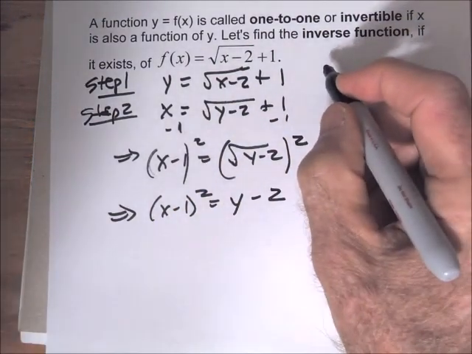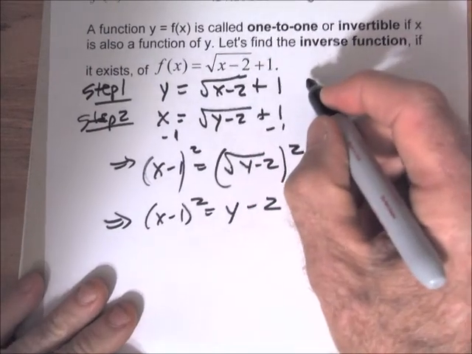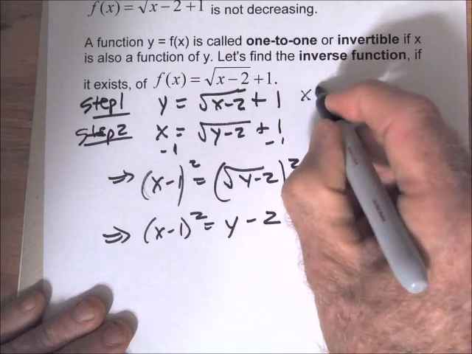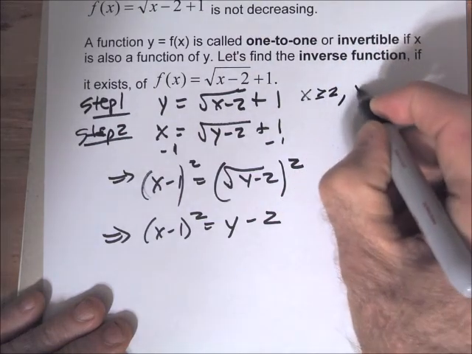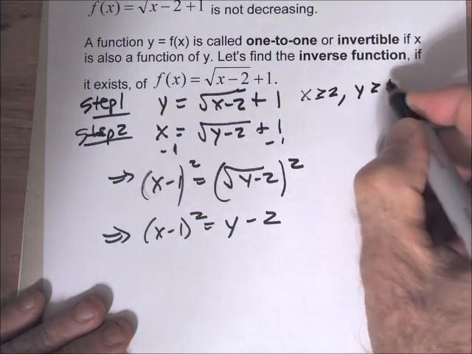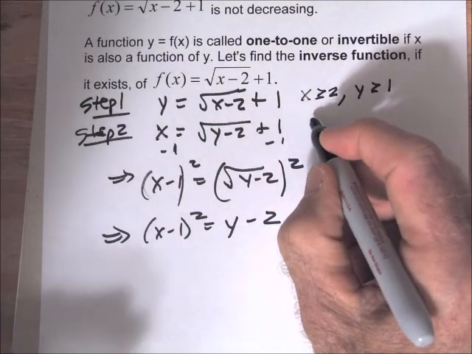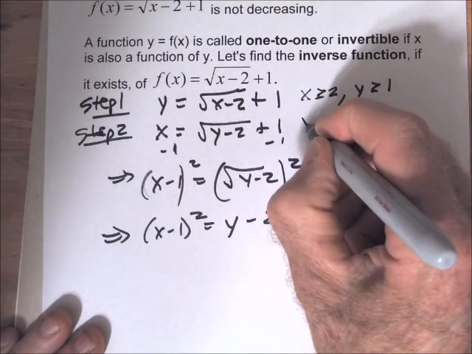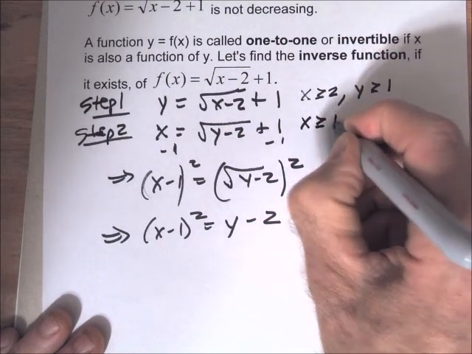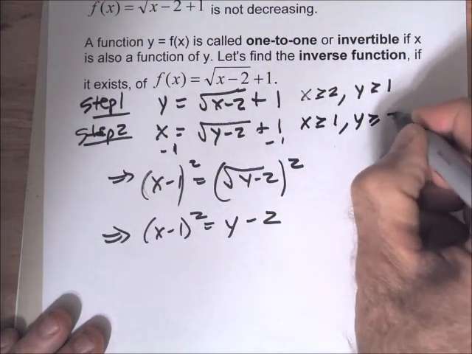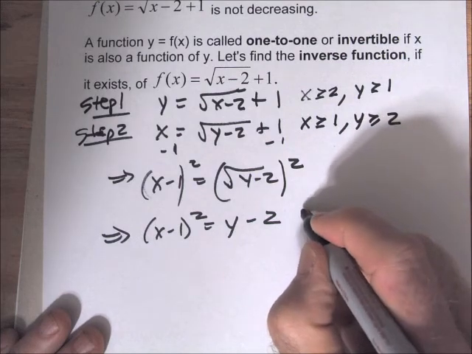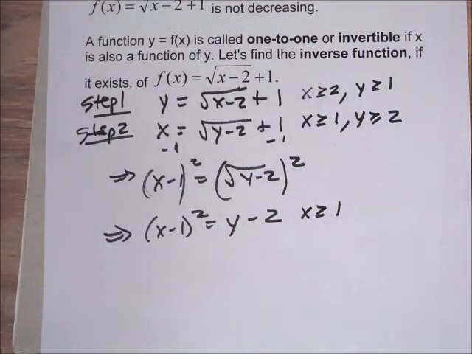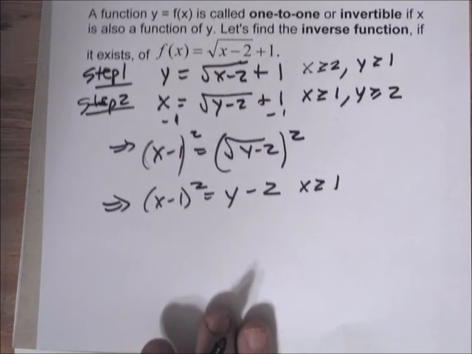By the way, this is the original formula. We have x greater than or equal to 2, y greater than or equal to 1. And when we switch the x and the y, we also switch the domain and range. So this is going to be x is greater than or equal to 1, y greater than or equal to 2. So we're mainly interested in the restriction on the x value.